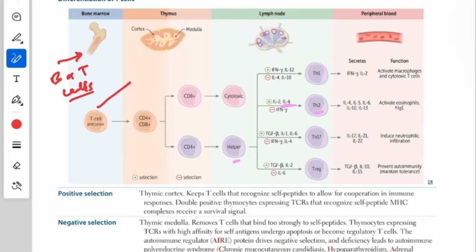The T cell precursor will leave the bone marrow to the thymus. We said the bone marrow and the thymus are both primary lymphoid organs. So the B cell stays back in the bone marrow, and the T cell will move on to the thymus.